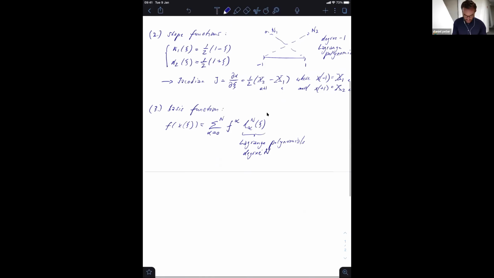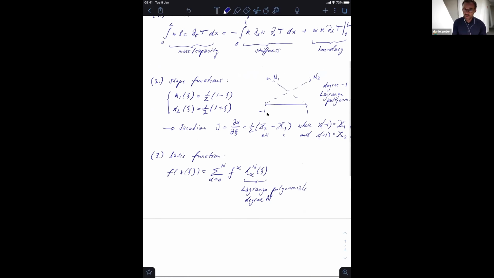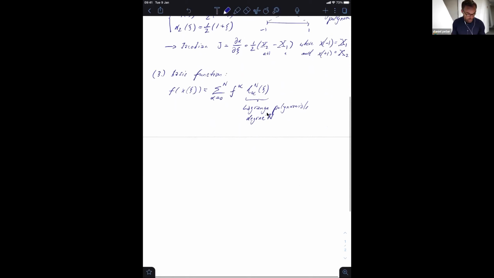But so the basis functions are these Lagrange polynomials of degree n. The degree is often higher order, meaning degree 4 or higher. And this is a main deviation now from the finite element method. So we start separating shape functions and basis functions. For the finite element method, we didn't separate them. We use shape functions both for the mapping and also for the function expansion. So basis function, good.